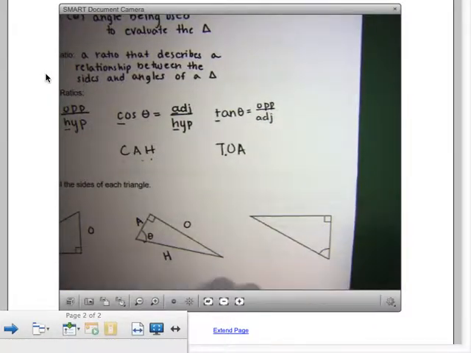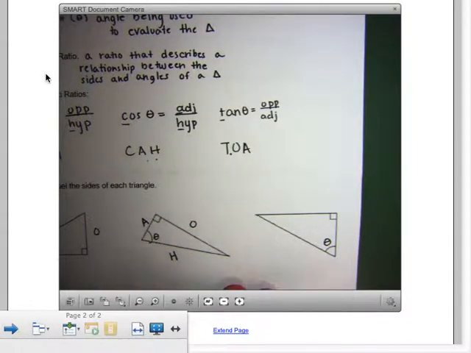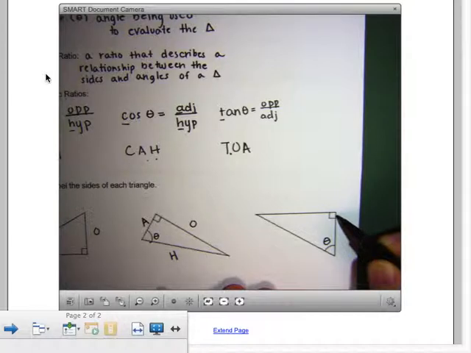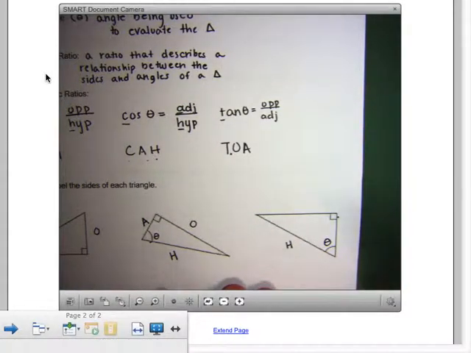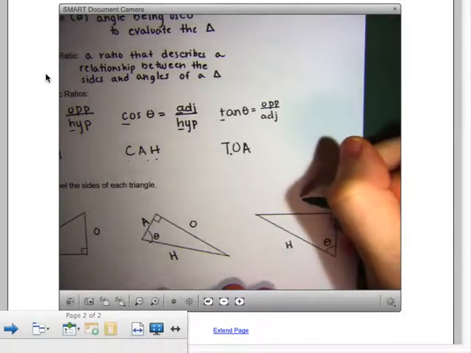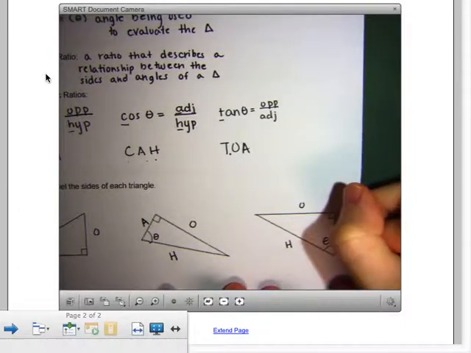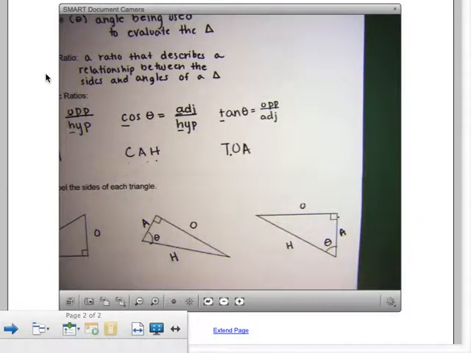Okay, and the last one, here's theta again. Here's the 90 degree angle, so opposite of the 90 degree angle is the hypotenuse. Here's theta, opposite of theta is the opposite side, and then here's the adjacent side. So make sure you understand how to label those sides. If you don't understand, this lesson is going to be very hard.